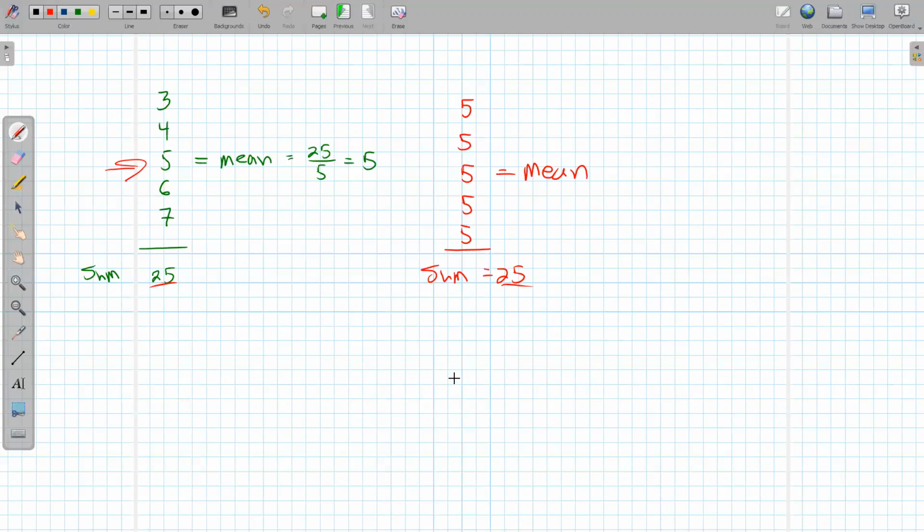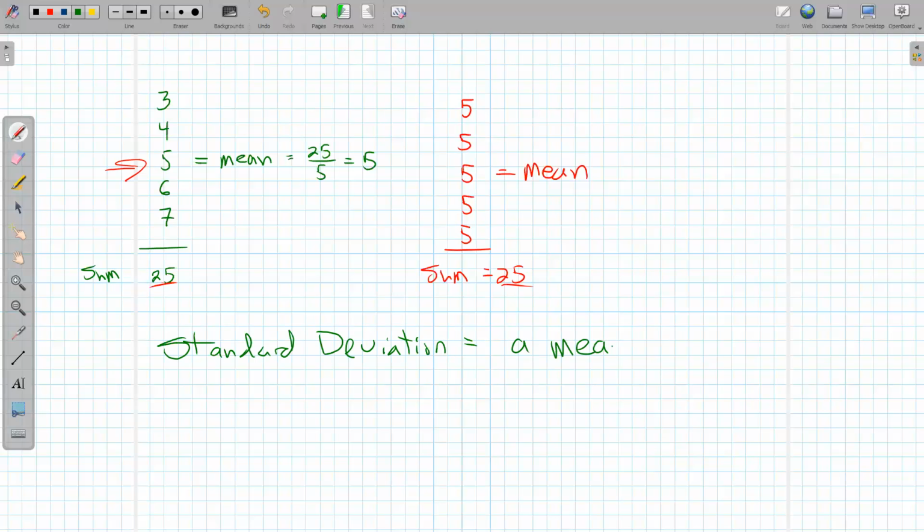So the trick people came up with to calculate standard deviation, again, standard deviation is a measure of average spread from the mean. So I'm just going to write that down again because this is important. This is like the intuitive definition of standard deviation. Standard deviation is a measure.